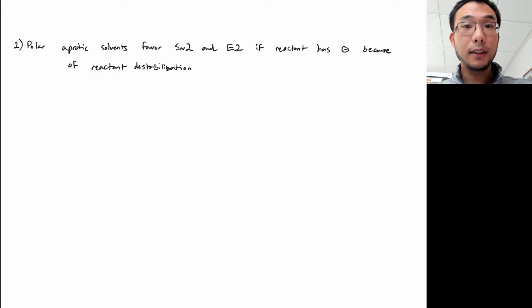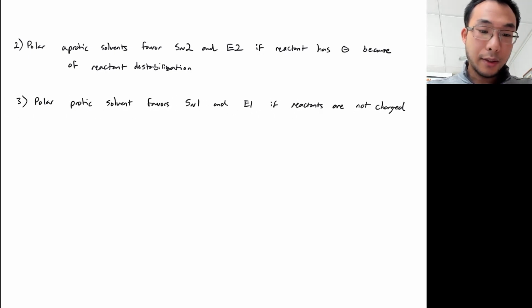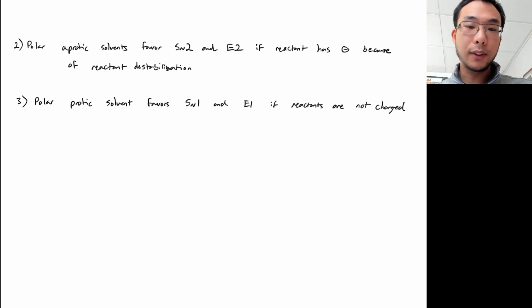This is because polar aprotic solvents don't do a good job of stabilizing negative charge and thus destabilize that reactant. And of course, that should lead to a faster SN2 or E2 rate. On the other hand, polar protic solvents tend to favor SN1 and E1 reactions because the reactants aren't charged and because those solvents do a good job of stabilizing the carbocation intermediate.